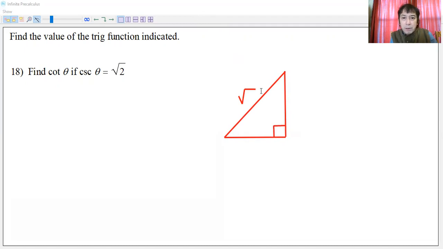This measures 1, and this measures 1, and this is 45 degrees, and this is 90 degrees. This is the 45, 45, 90 special right triangle.